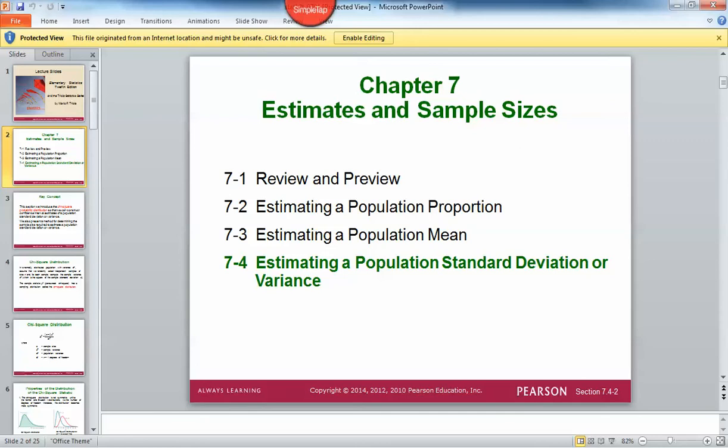Well, think about finding a proportion. It's not too hard. Finding a mean, it's not too hard. Finding a standard deviation or variance, it's not too hard, but it is kind of a little more goes into that. So the same is going to apply when estimating a population standard deviation or variance. The types of tests that we have to use may seem a little strange at first.